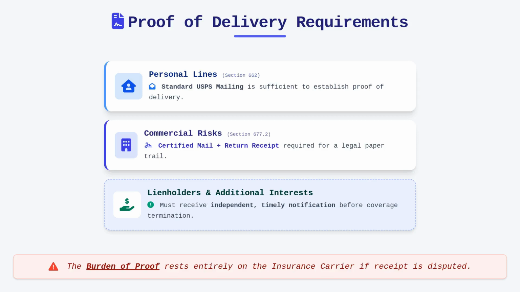These meticulous record-keeping measures exist because the burden of proof rests entirely on the insurance carrier if an insured claims they never received the warning. Lien holders and additional interests possess distinct rights to notice, and their financial coverage cannot be terminated unless they receive their own independent, timely notification.